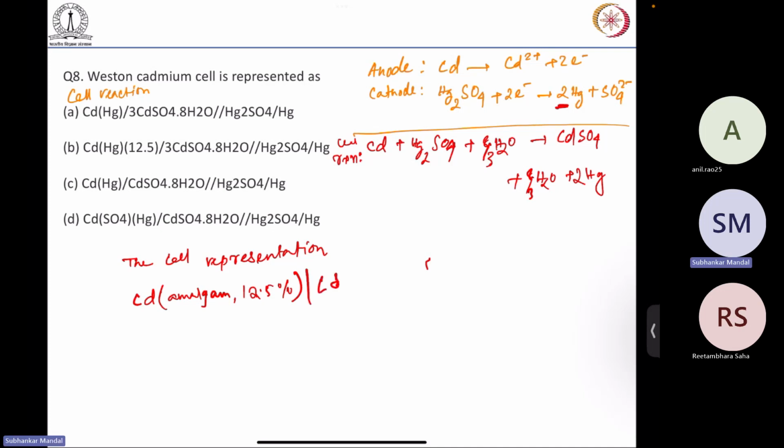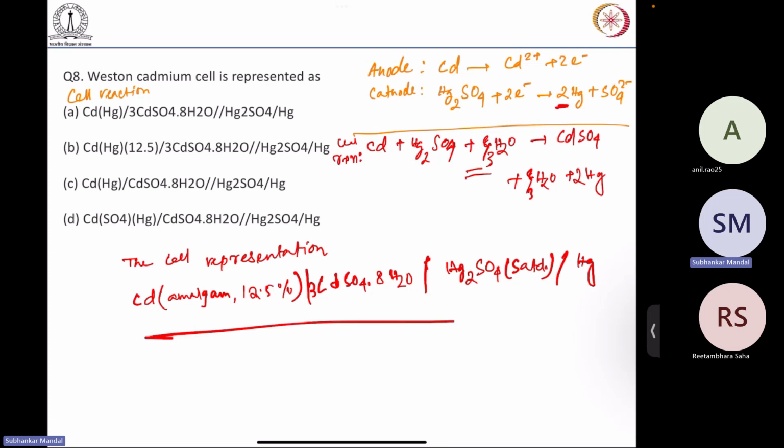And it is separated by cadmium sulfate 8 H2O, because if you multiply by 3 here, then it will be only 8. And then H2SO4, which is standard, and Hg electrode. So this is the cell representation.